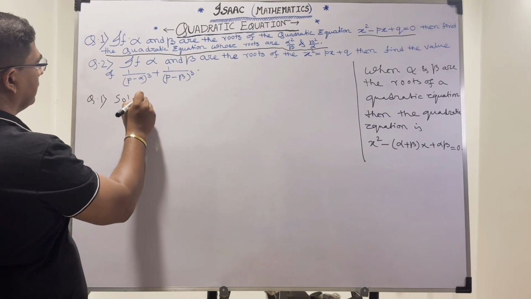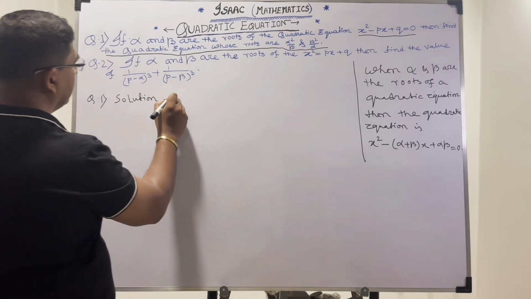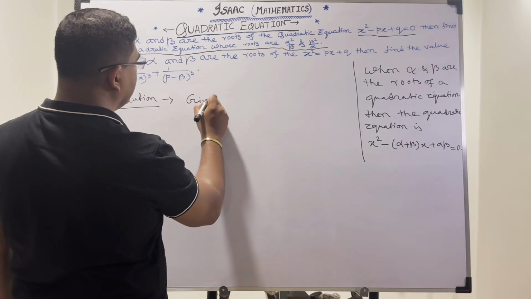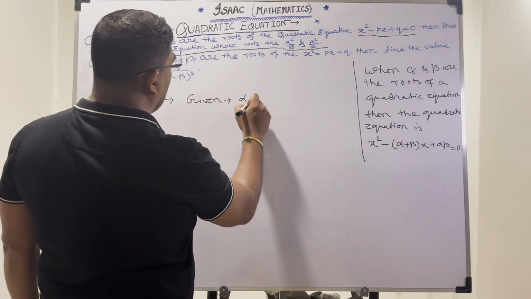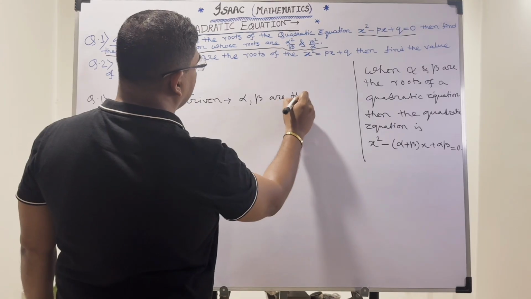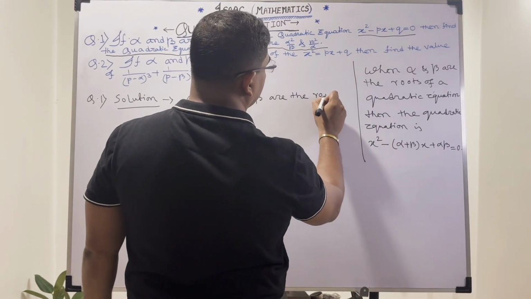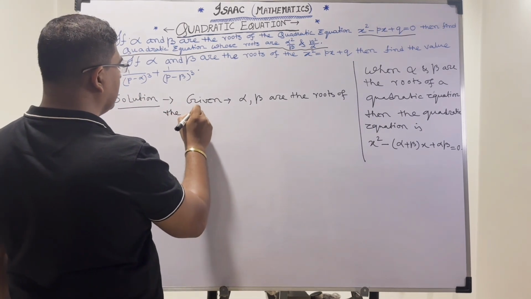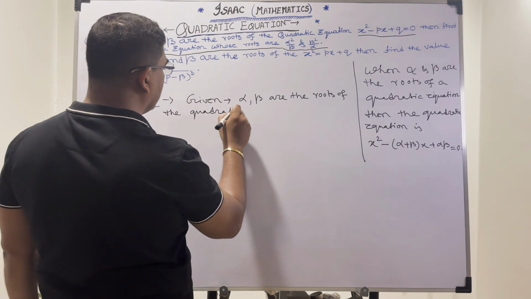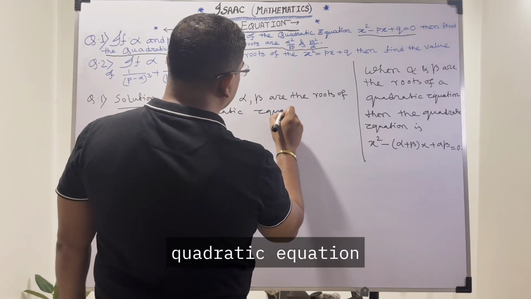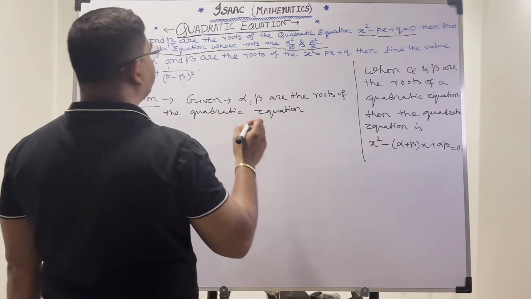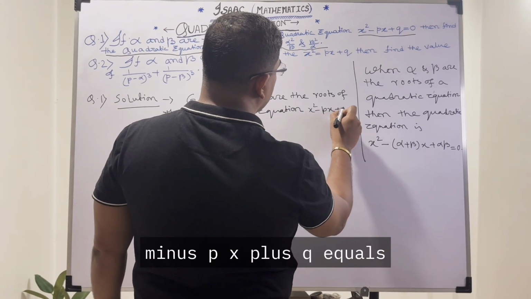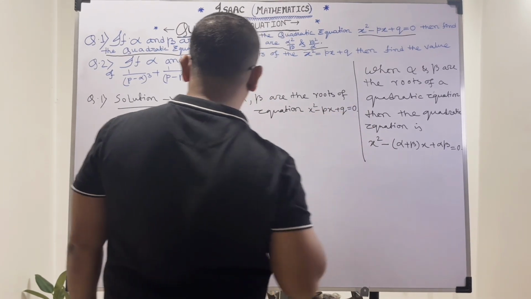Solution. Given alpha beta are the roots of the quadratic equation x square minus px plus q equals to 0.